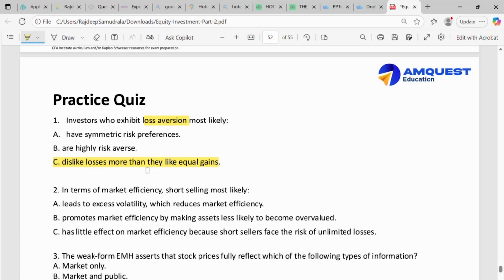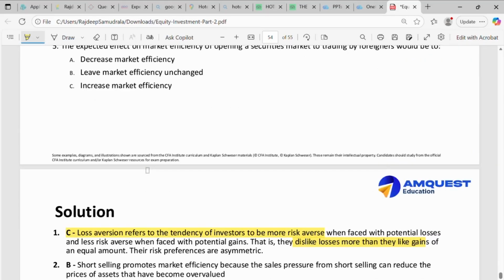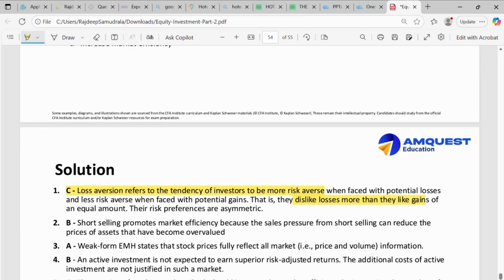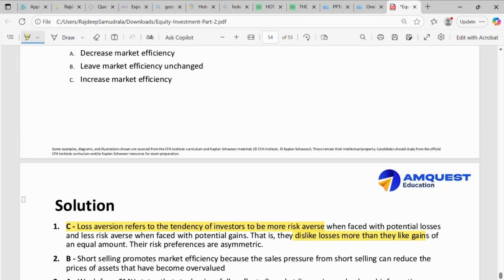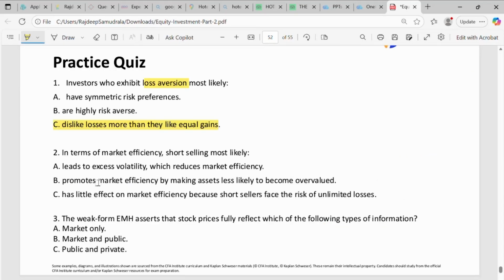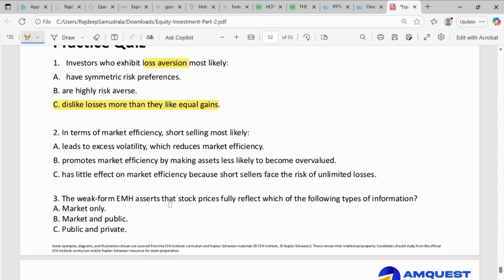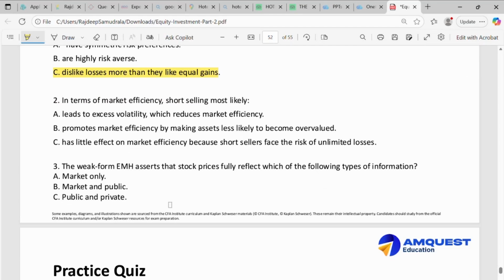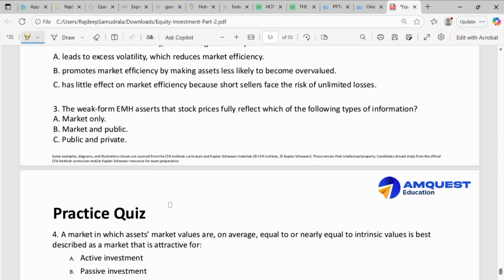Short selling promotes market efficiency by making assets less likely to become overvalued. I'm not sure to what extent it can promote it, but short selling restrictions normally exist to ensure that the markets are becoming more efficient.